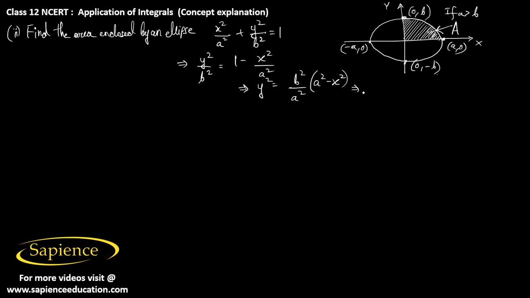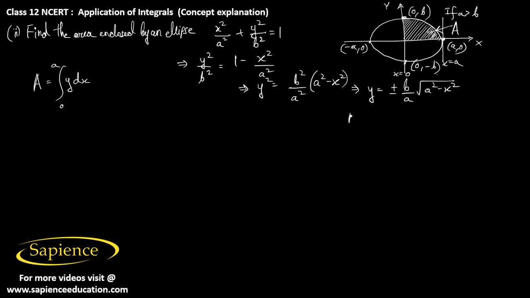Okay, so then y will be equal to plus minus b by a into square root of a square minus x square. Okay, so then here we need to find the area will be equal to integral. So here it is going from x equal to 0 to x equal to a, obviously. So we need to integrate 0 to a y dx.